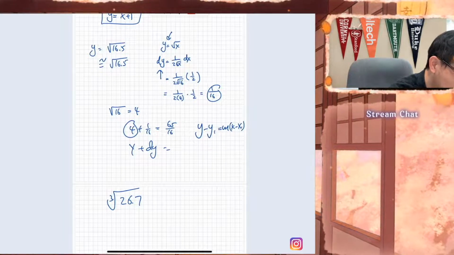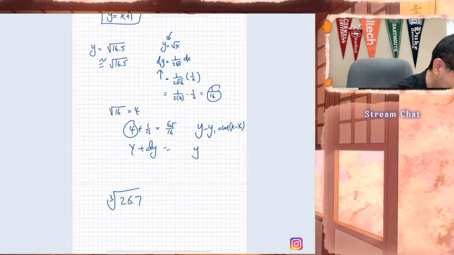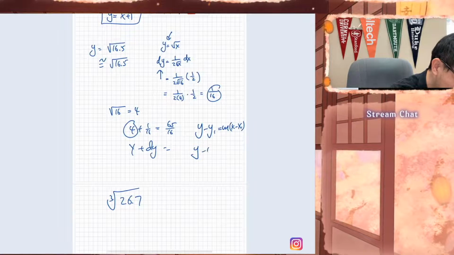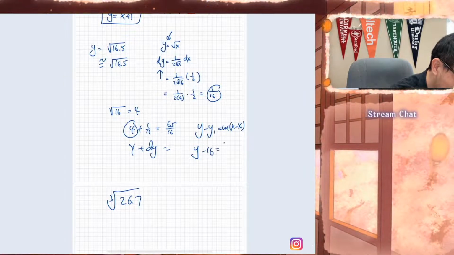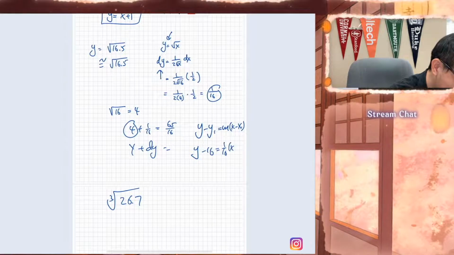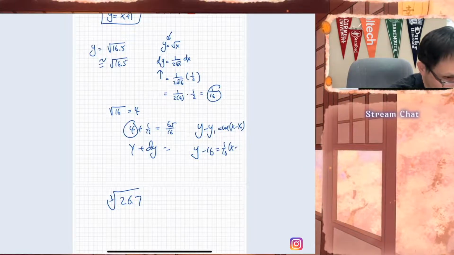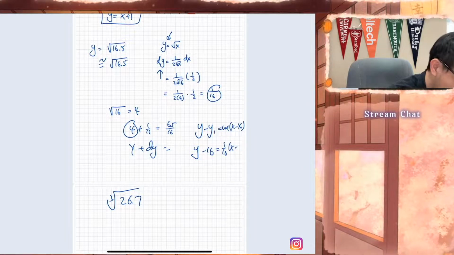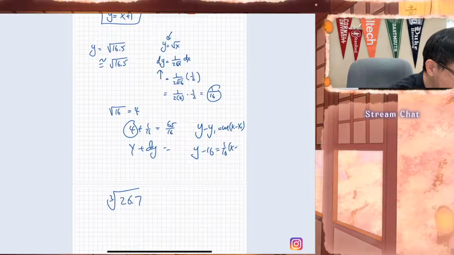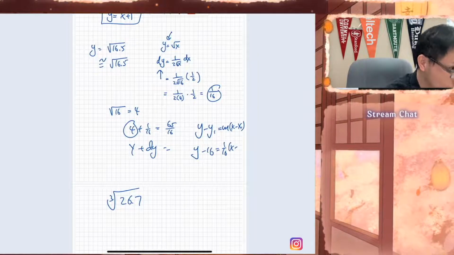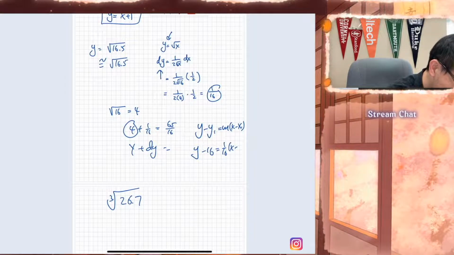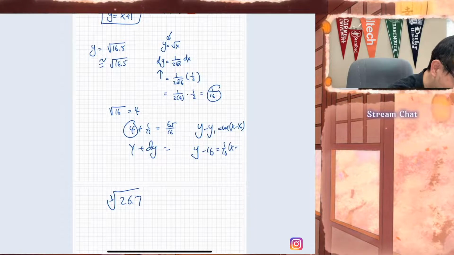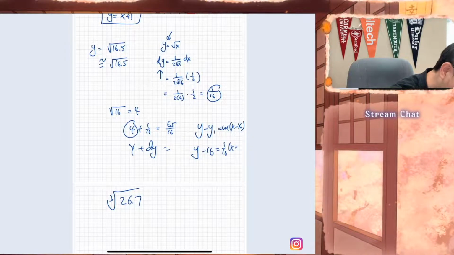And we know y is equal to 16 is equal to 1 over 16 times x minus, which in this case is delta x. So what would delta x be? X will be 16.5 minus 16.